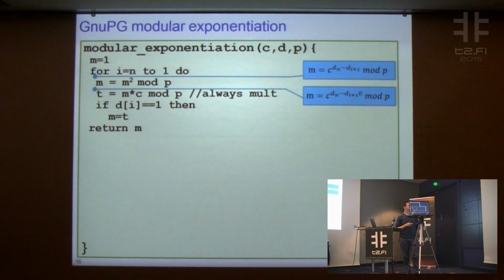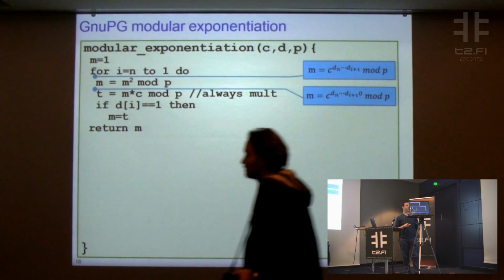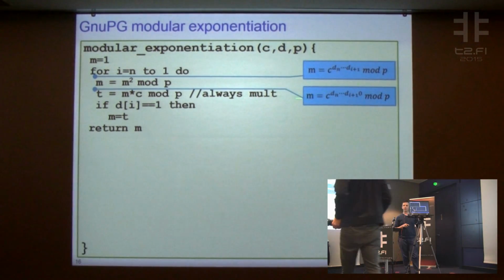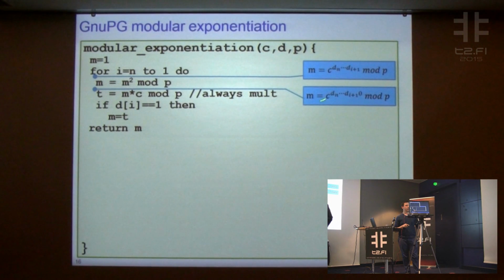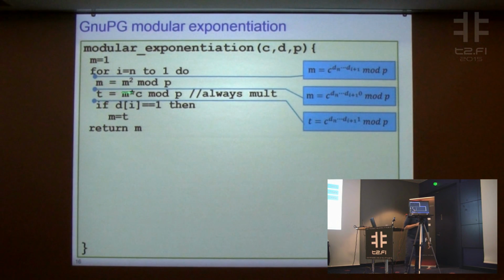So the first thing this algorithm does is compute m equals m squared. Squaring multiplies the exponent by 2, and multiplying by 2 in a binary representation adds a 0 at the end. So we have here that m equals C to the dn through d(i+1) with 0 at the end. Then it computes t equals m times c. So t equals C to the dn through d(i+1) with 1 at the end.